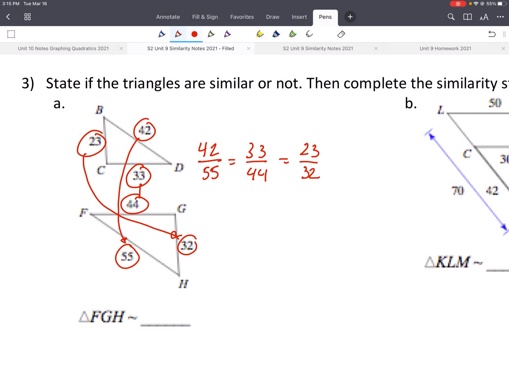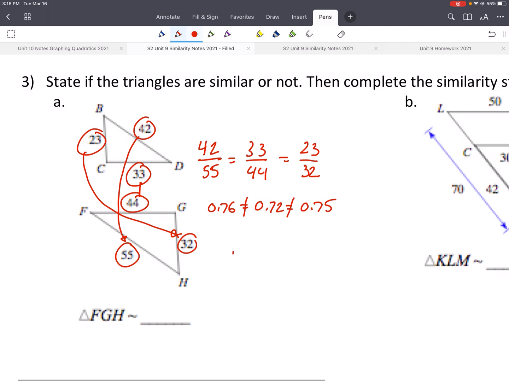Just divide all those fractions and we end up getting 0.76, 0.72, and 0.75. None of them are equal to each other. If just one is not the same, then it's not similar. So here it would say not similar, and we just go on.